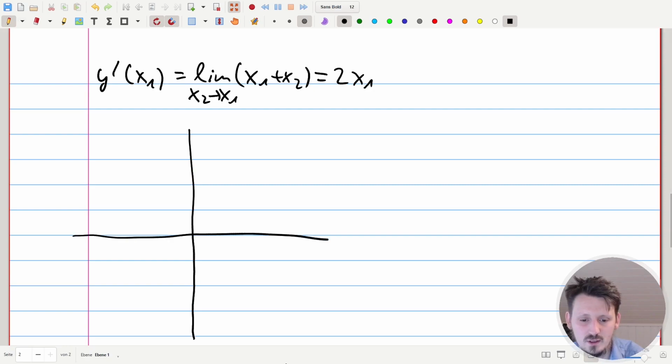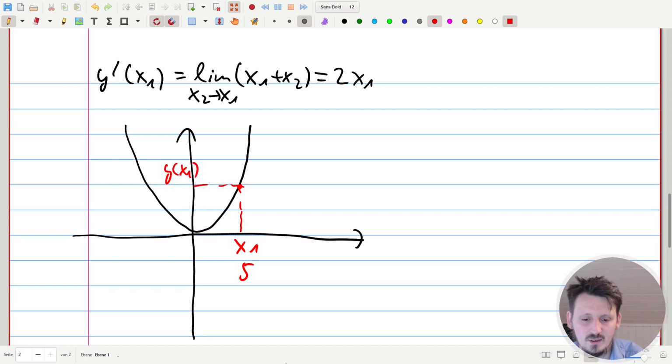So we have here just our coordinate system again and our parabola. So now we can define a point at the position x1, which can be, for example, 5. And here our function value y of x1 is in this case x squared, which means 25.